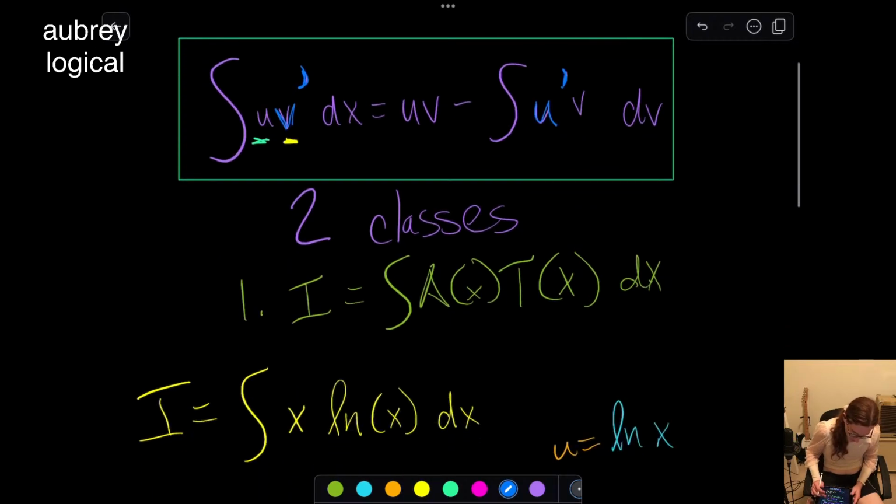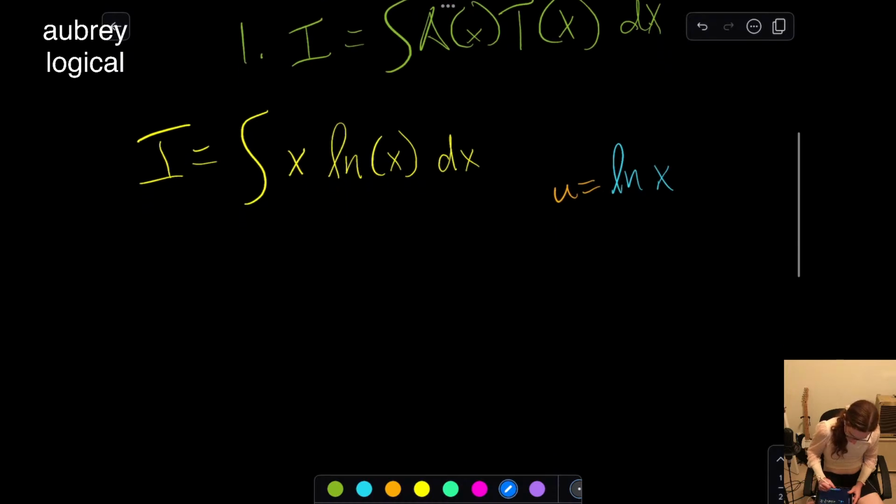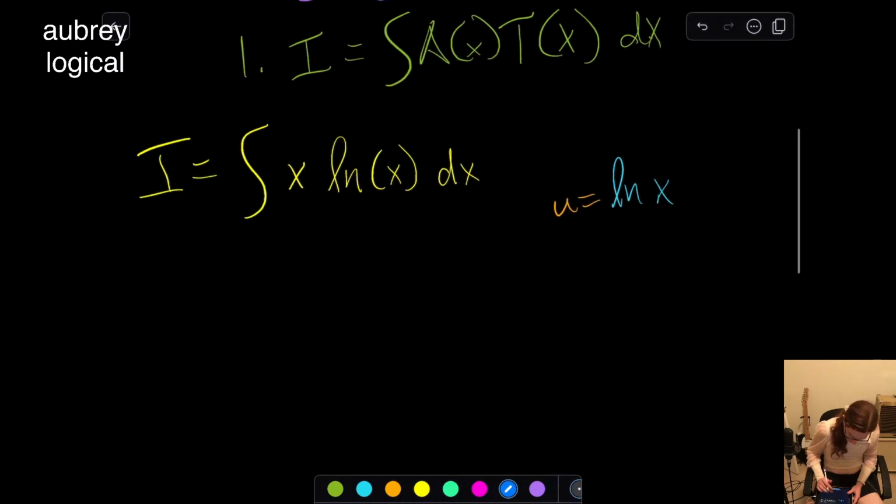So the key to doing this problem is figuring out u and v. You find out u and you find out the derivative of v, which in our problem is going to be x.